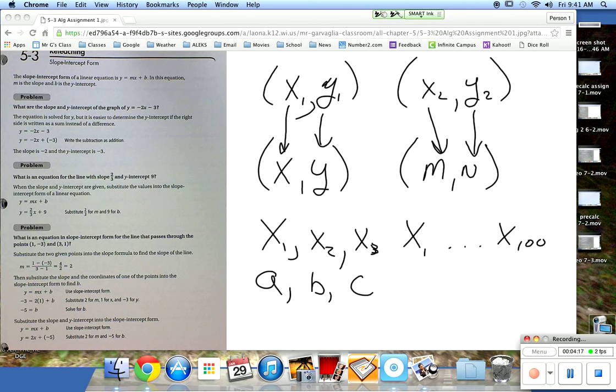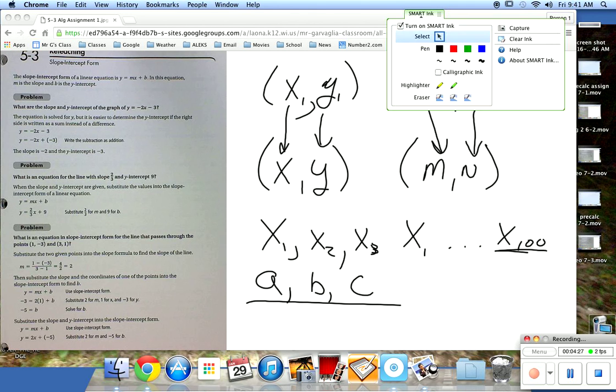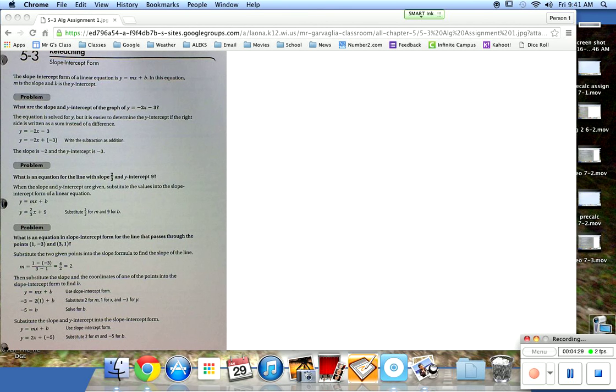That's why they don't use the alphabet for every one of them, because it would never reach. There's only 26 letters. Does that help? Okay.